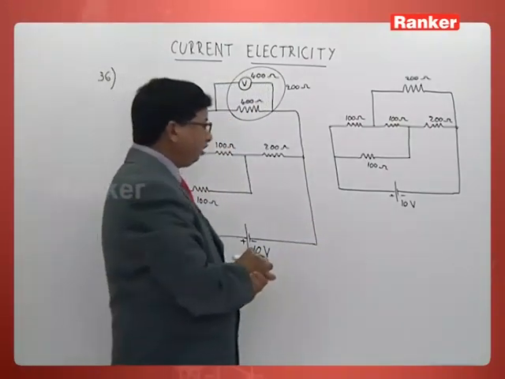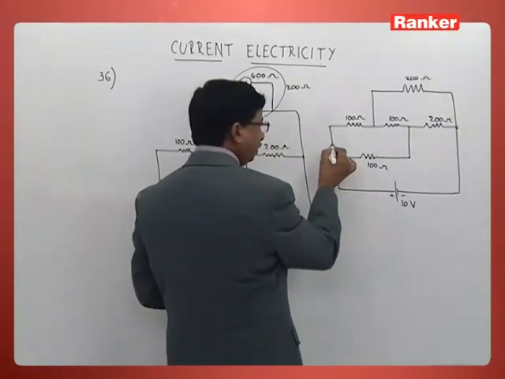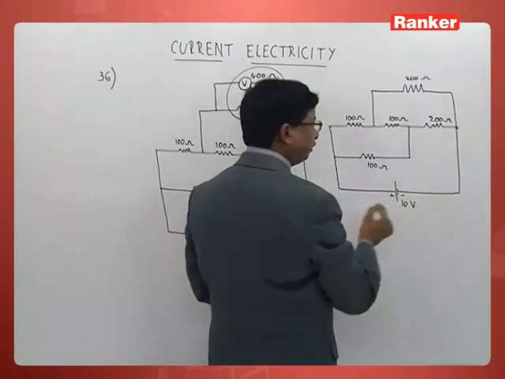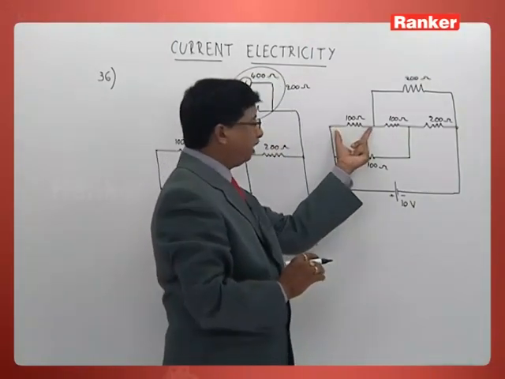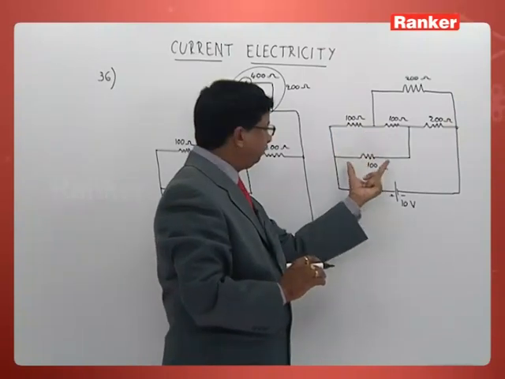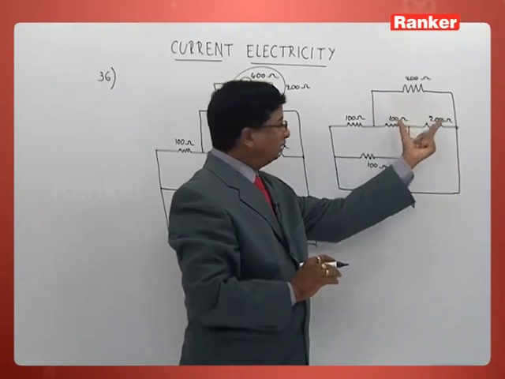So you can even represent the same with a slight marginal variation. You can connect even this one like this also. There is nothing in that. But look carefully, this is the first branch, this is the second, this is the third, and this one the fourth.